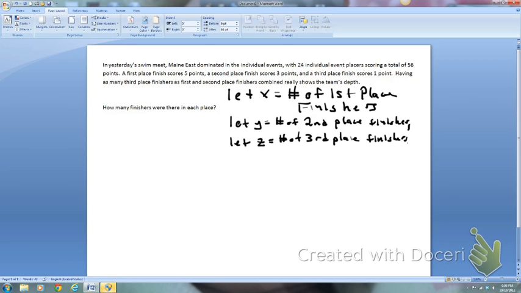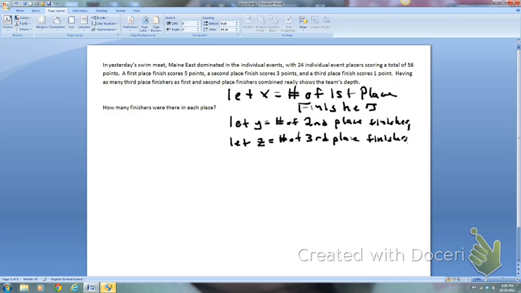Once you have that, you are armed with the ability to try to create some equations now. So really we're trying to find three different equations that involve x, y, and z. So let's see if we can get some information from the original problem. We do know that we had 24 individual event placers in all.